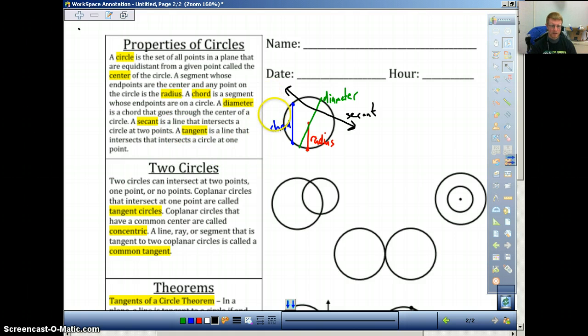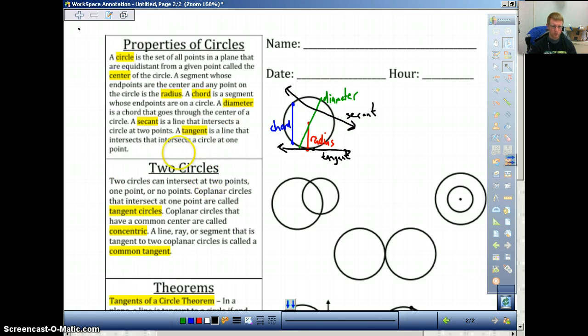A tangent line is a line that hits the edge of the circle on the outside, but does not go through. Let me find a good spot to draw this. We'll do it right here. That's on the outside, but it doesn't cross it. That's called a tangent. Okay, so those are the properties of the circle.